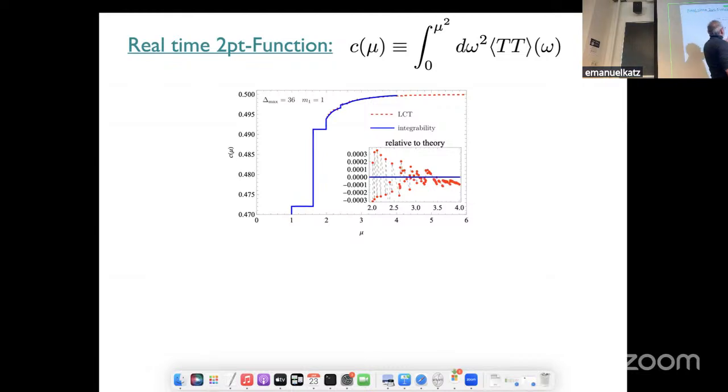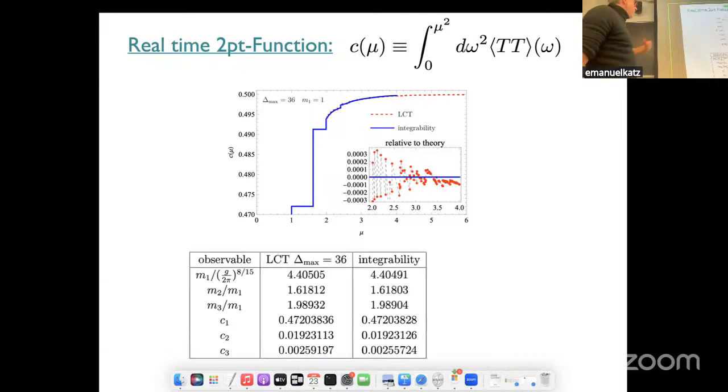This is what it looks like numerically. Again, we have the results of integrability, and in red the results of our numerical computation. You see that the agreement is pretty good, and we can even see that at high energies, it asymptotes to a half, which is in fact the correct C for a free fermion.